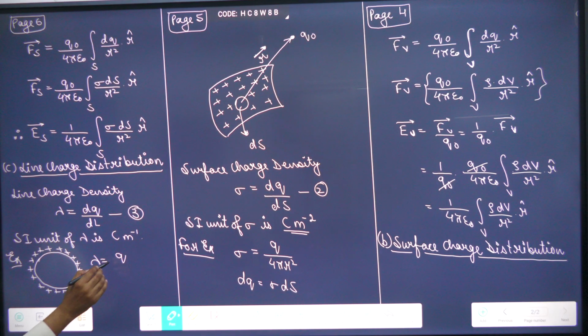So Q upon what is the length of this ring? The length of a ring is its circumference, and the circumference is 2 pi r. Lambda is equal to Q upon 2 pi r. Tell me, is this clear to you? Yes, sir. Okay.